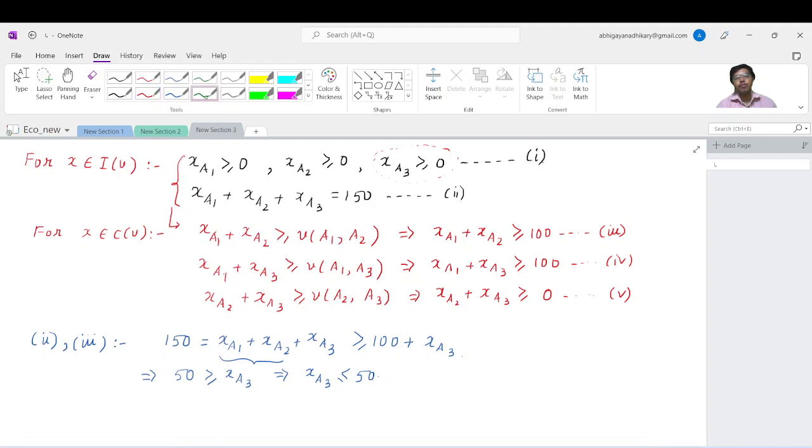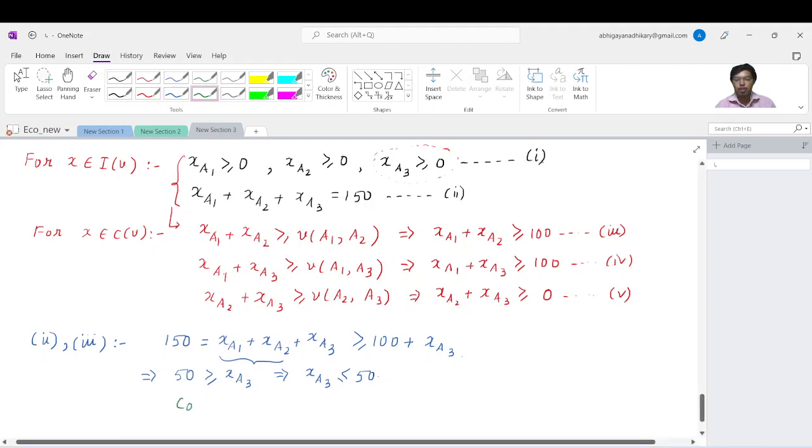Therefore, combining this with equation 1, x of a3 should lie between 0 and 50. That means x of a3 belongs to the closed interval 0 to 50.